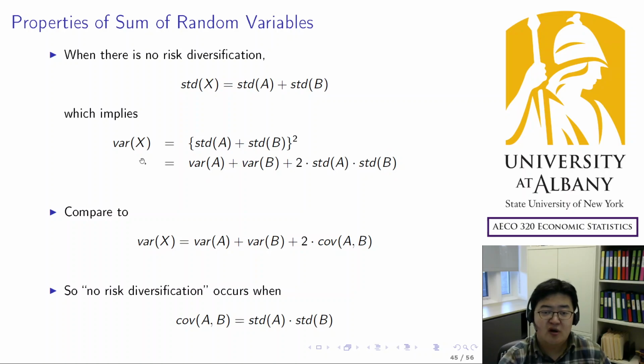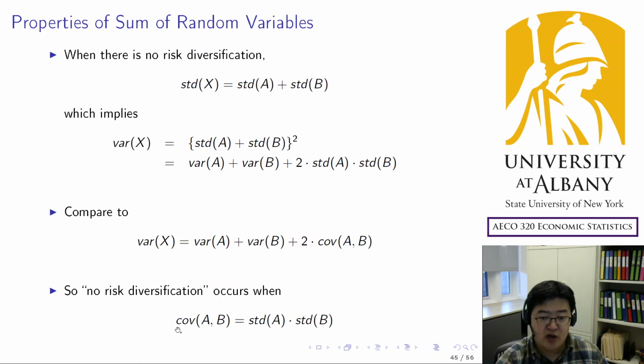And then if you compare this equality to our previous formula, both equations imply this part must be the same. So when there is no risk diversification, the multiplication of standard deviations must equal the covariance.